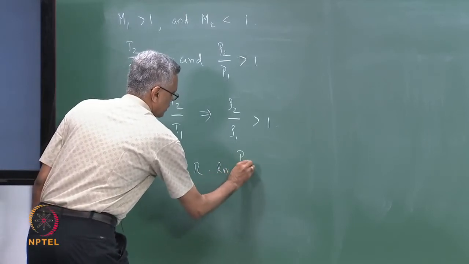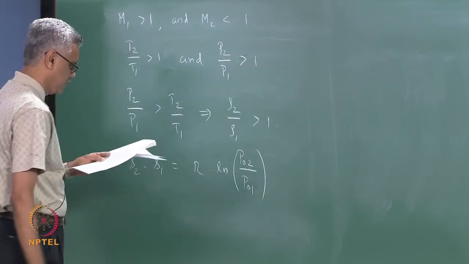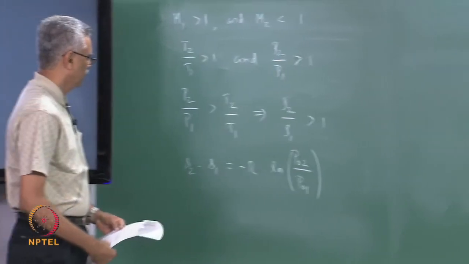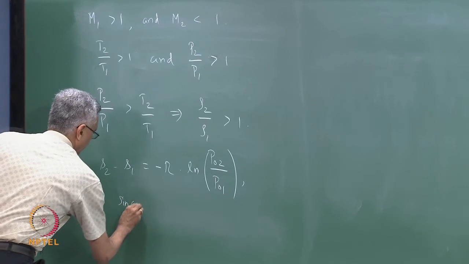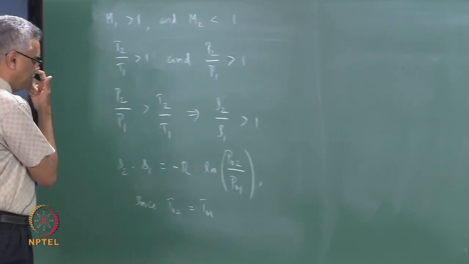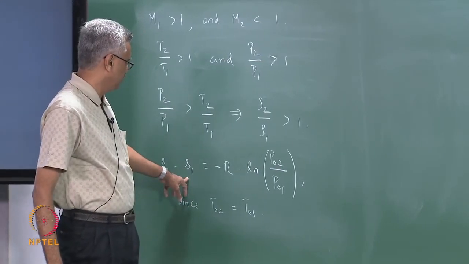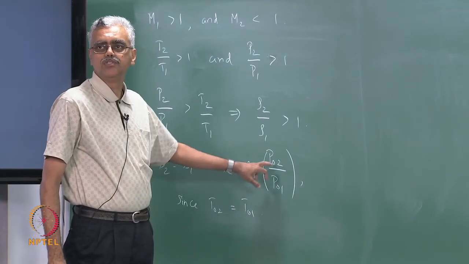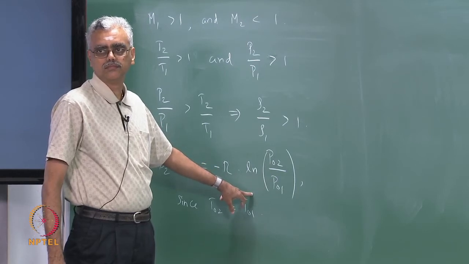I can write this as, since T02 remains the same, so you can see that the increase in entropy is equal to this, and this shows that P02 must be less than P01, right.